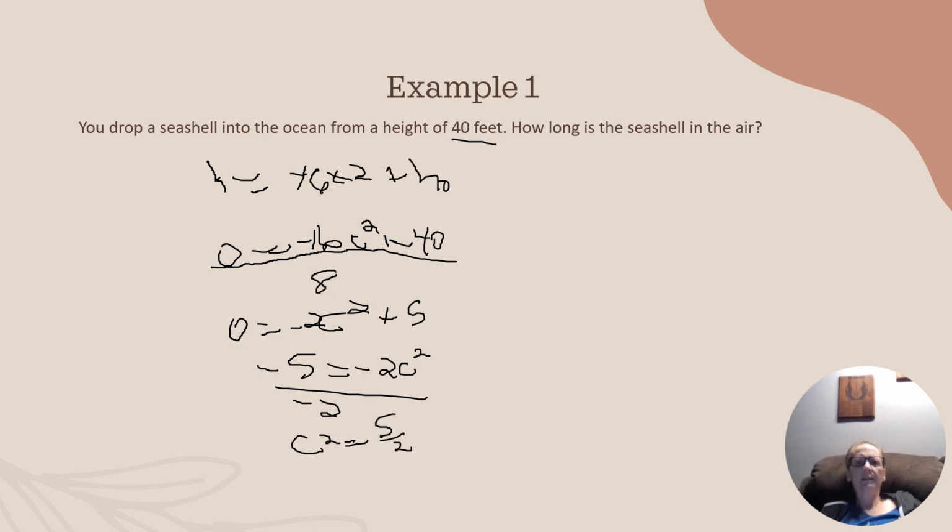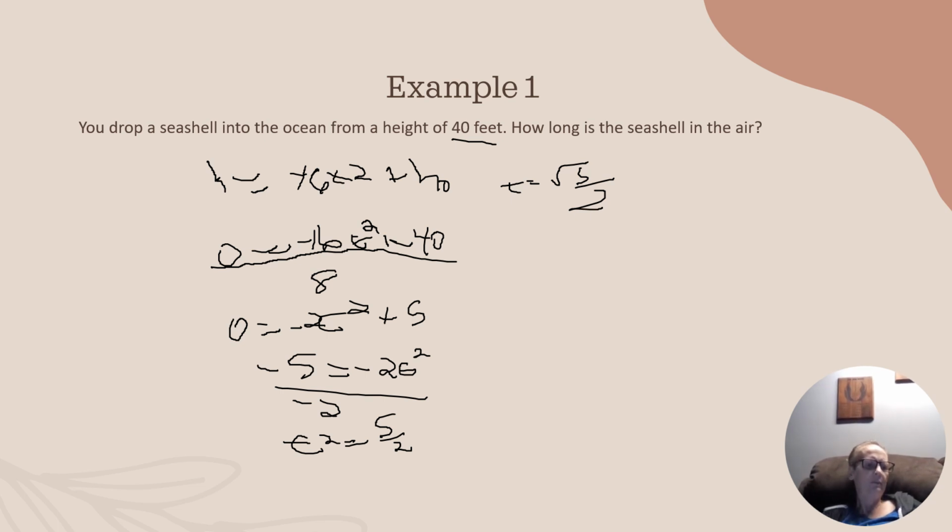That's a t, not a c. So t is equal to the square root of 5 over 2. It's not plus or minus, because we're looking for a positive time, not a negative time. We actually want to figure that out for an application problem.